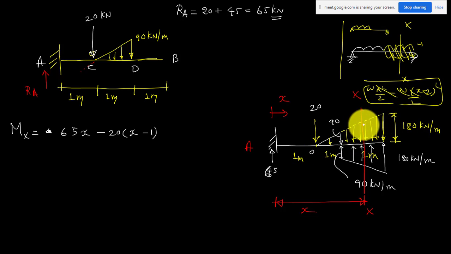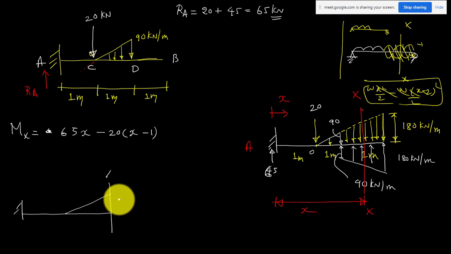The triangular load, I am taking the section here. That means you have to consider only the loading diagram for that load, like this. So your load is here, and it is your section X. I think it is a little complicated, but the procedure is straightforward.